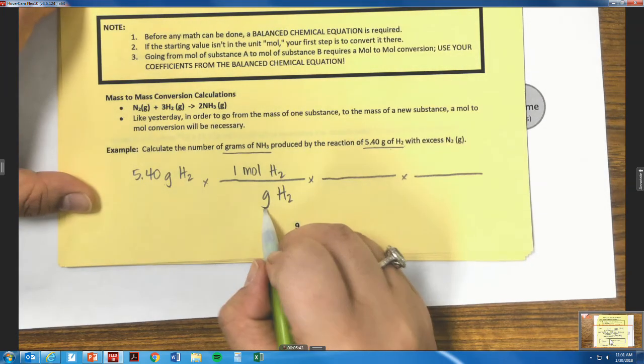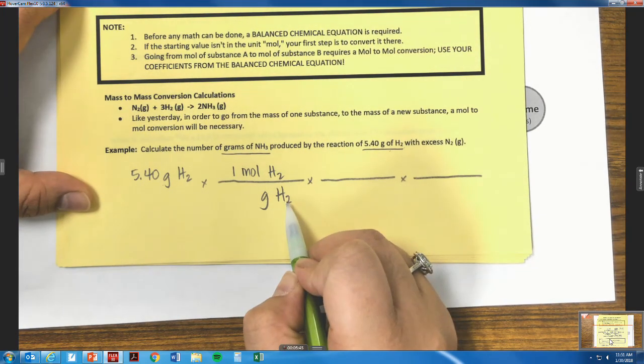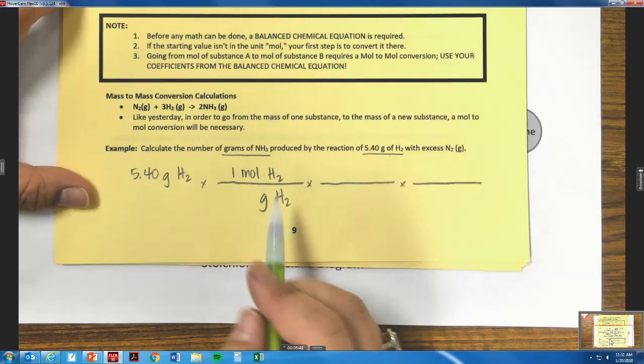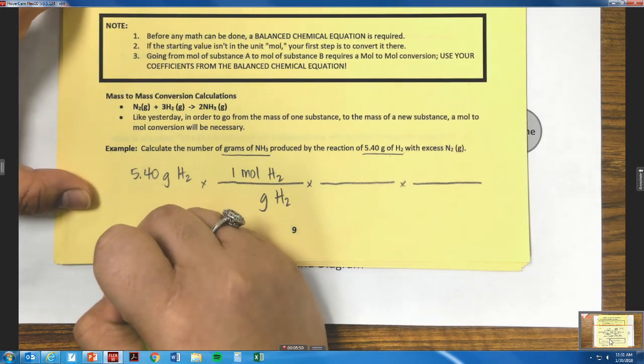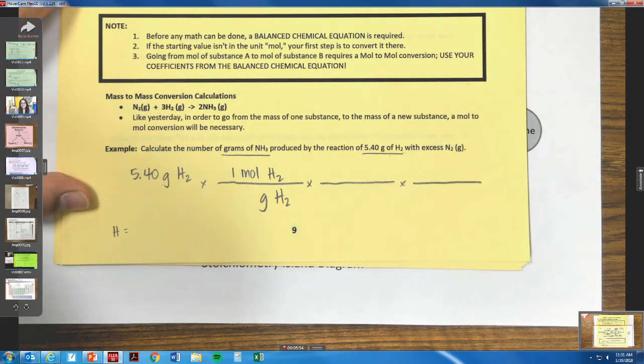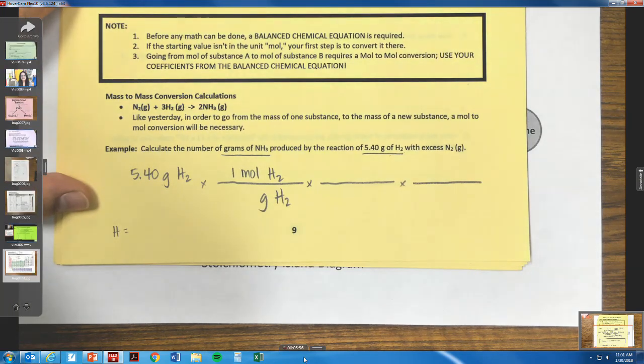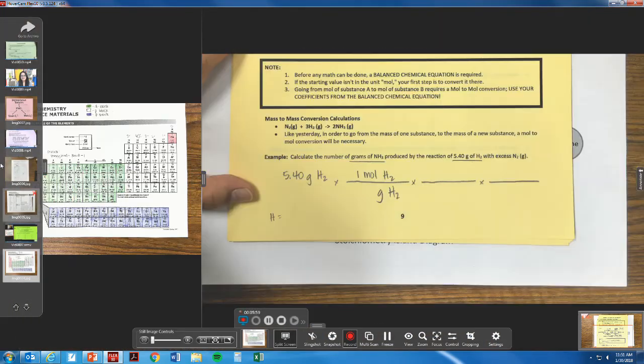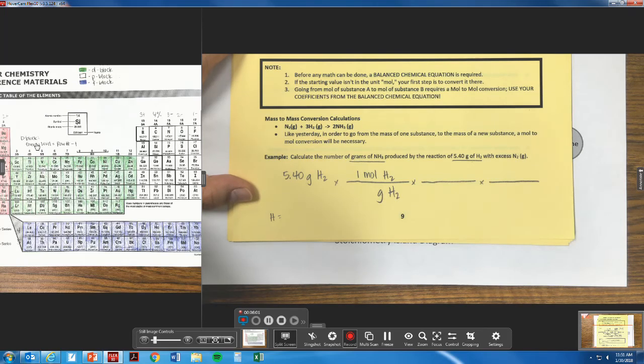So how do I know what the molar mass is for hydrogen? Well, we have to look at our periodic table. You should already know this part by now, just finding the molar mass.